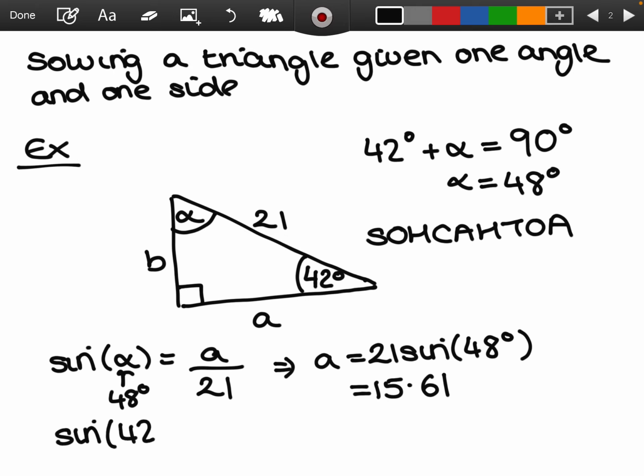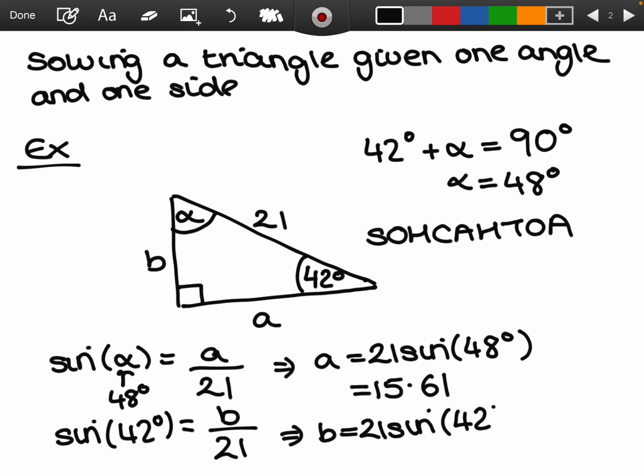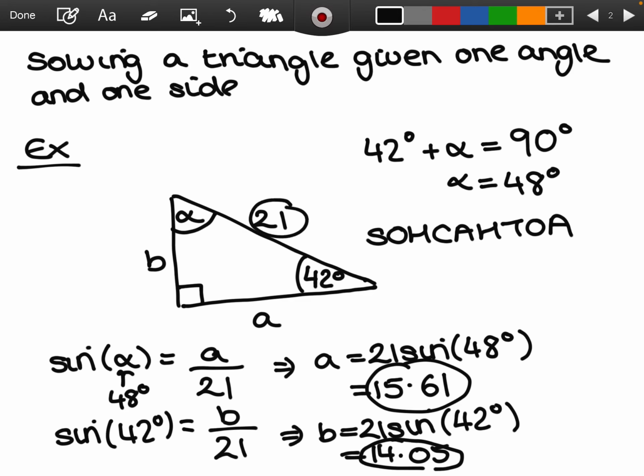So what I'm going to do now is to do sine of 42 degrees is going to equal the side that's opposite it, B, divided by the hypotenuse, which tells me that B is equal to 21 sine 42 degrees, which is equal to 14.05 when you type it into your calculator. Now what I would do to double check is to do A squared, so 15.61 squared, plus B squared, 14.05 squared, is equal to 21 squared. So I would use Pythagoras as my check at the end.